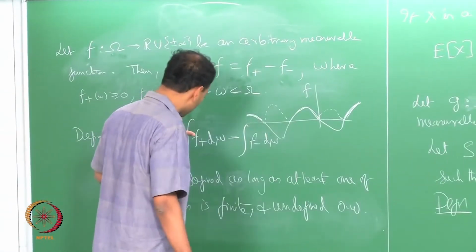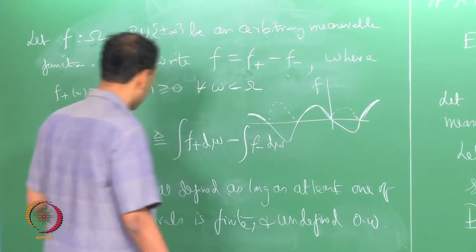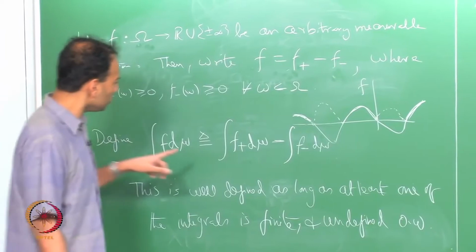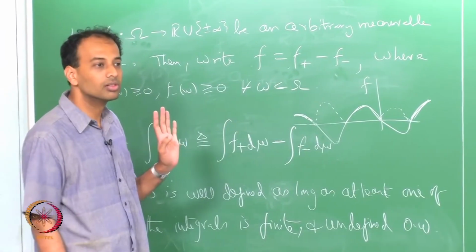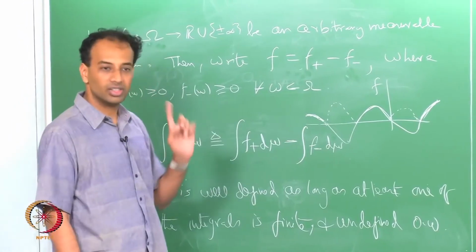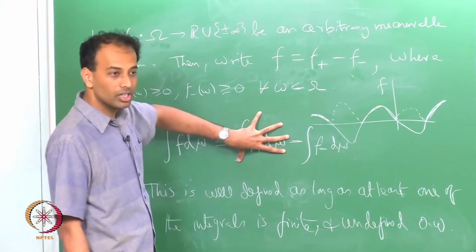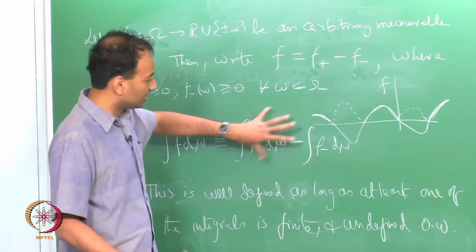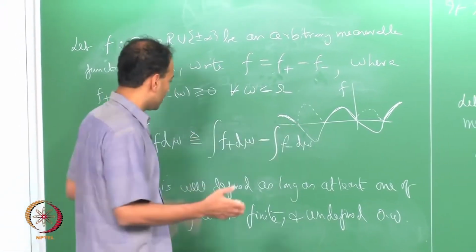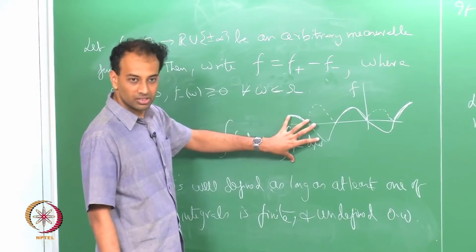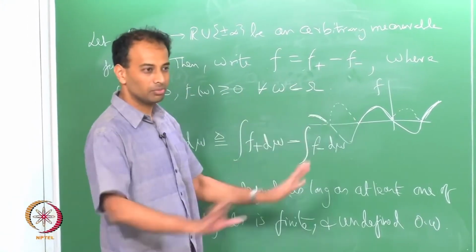Now, the question is whether this minus that is well defined. There are several possibilities. This guy is a non negative function, so its integral must be non negative. It may be a non negative real number or it may be plus infinity. Similarly, this integral may be some real number or plus infinity. If they are both finite real numbers, then this is one real number minus another, perfectly well defined.